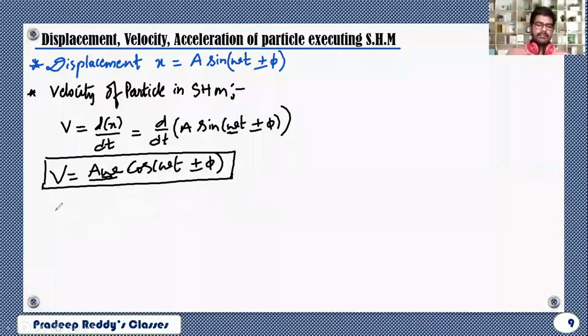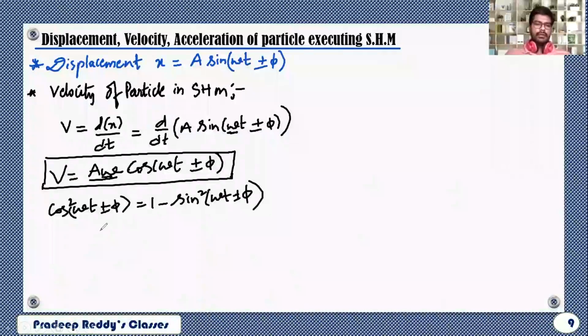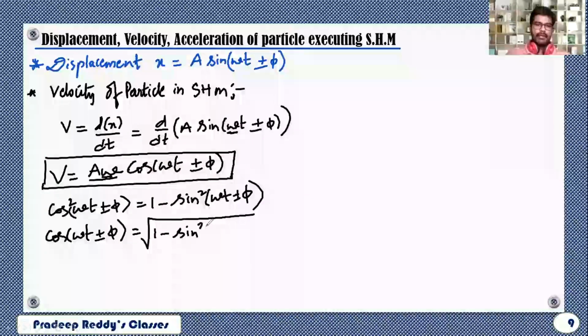We can just write it as cos square omega t plus or minus pi is equal to 1 minus sine square omega t plus or minus pi. So cos omega t plus or minus pi is equal to under root 1 minus sine square omega t plus or minus pi, right?